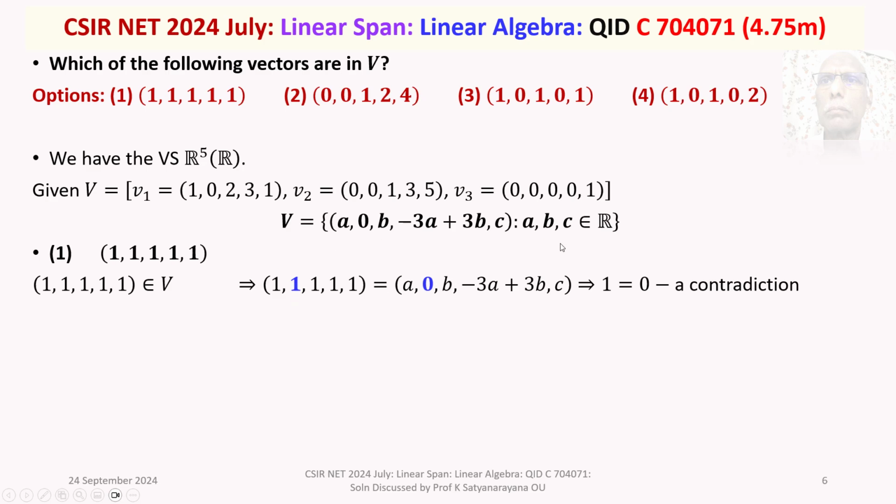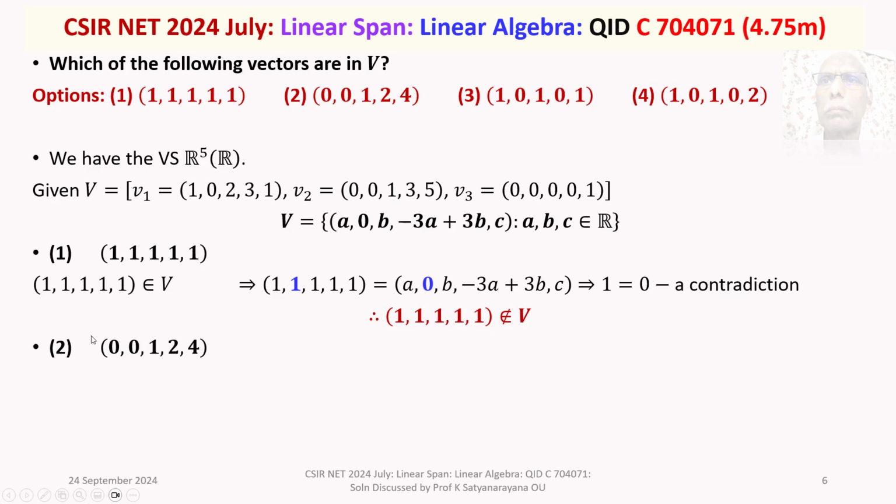So 1 is equal to 0, which is a contradiction. This is not possible. So that means this vector (1, 1, 1, 1, 1) is not in V. That means this does not belong to the linear span of those 3 vectors. So therefore this vector does not belong to V. Right. So this is not in our answer.